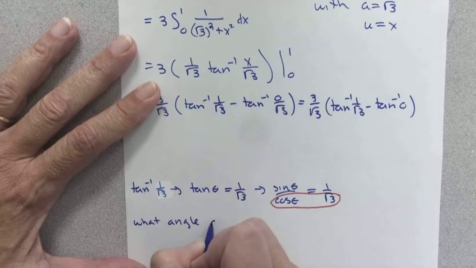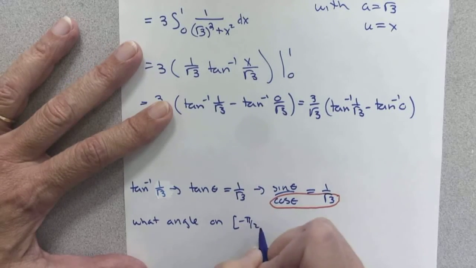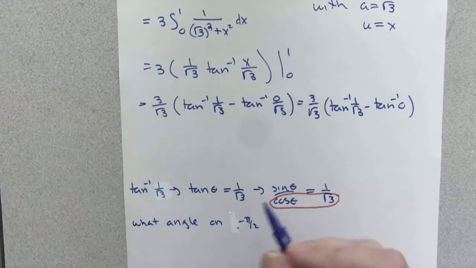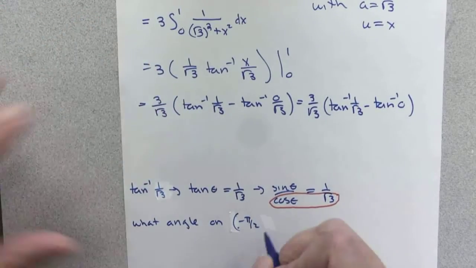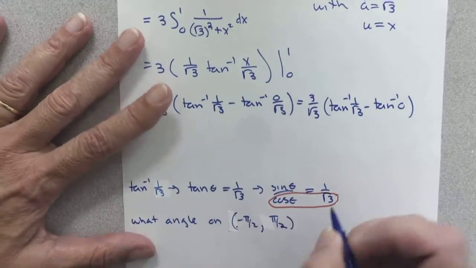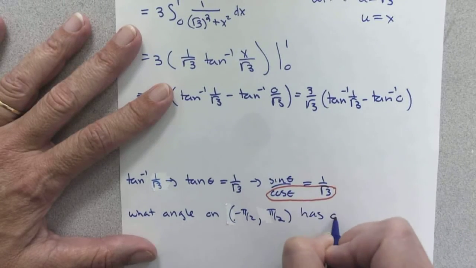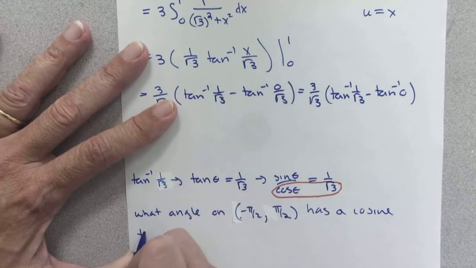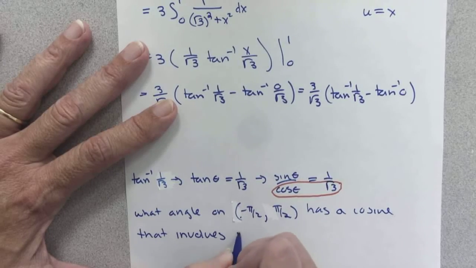what angle on negative pi over 2, excuse me, should be open, to pi over 2, what angle on this has a cosine that involves square root of 3.